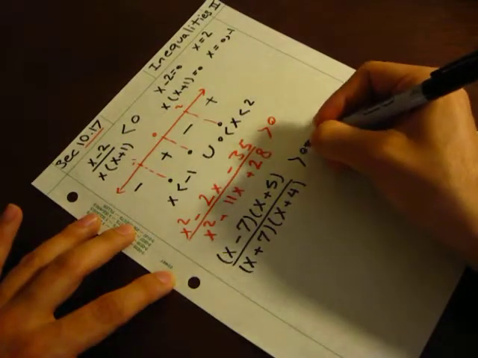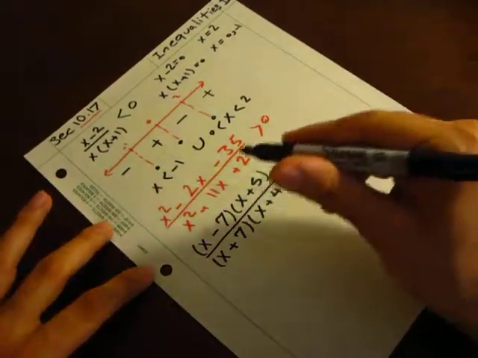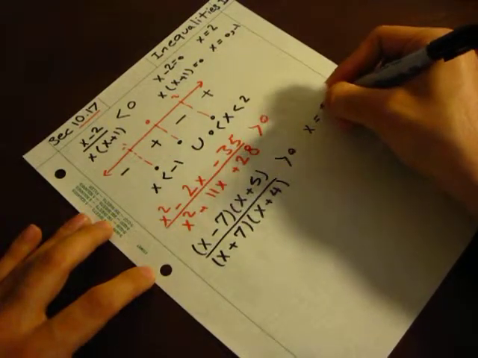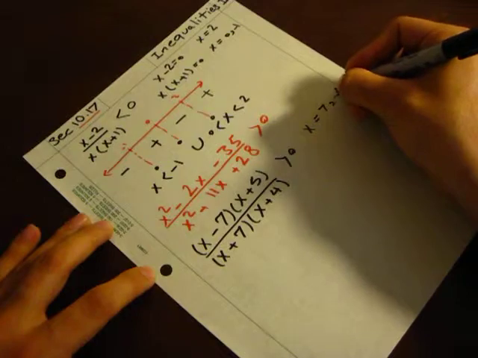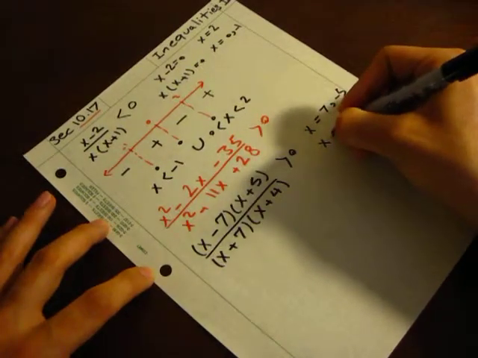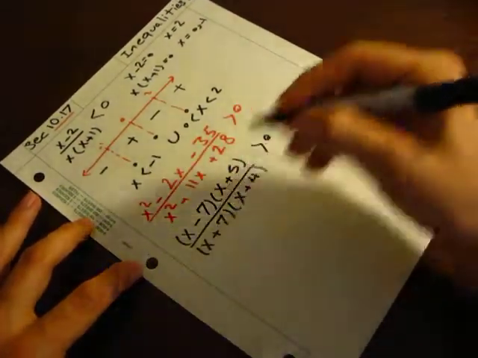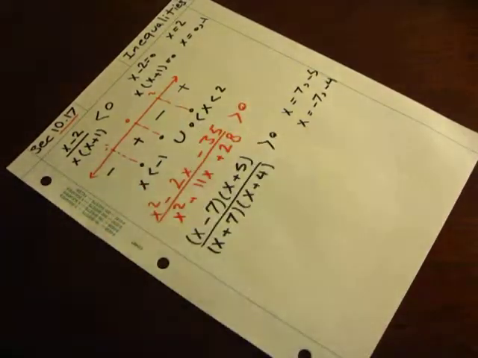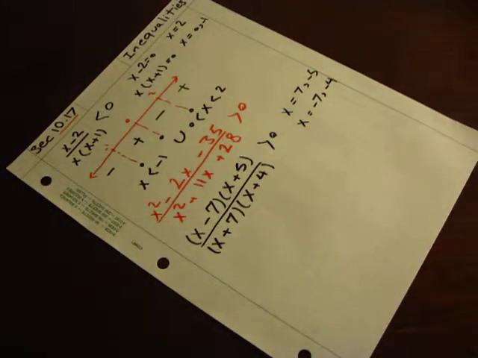This needs to be greater than 0. Again, I make my numerator equal to 0 and my roots are going to be x equals 7, negative 5, and I make my denominator equal to 0 and my roots are going to be negative 7, negative 4.